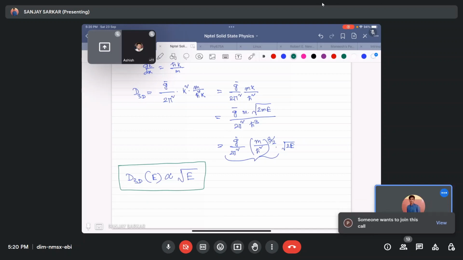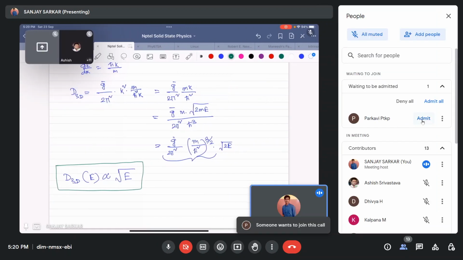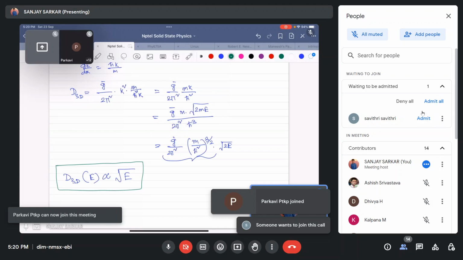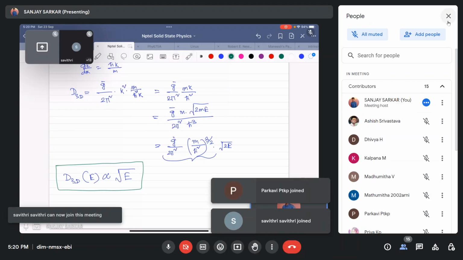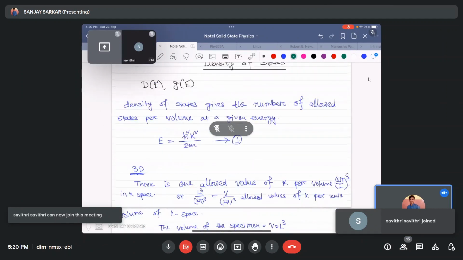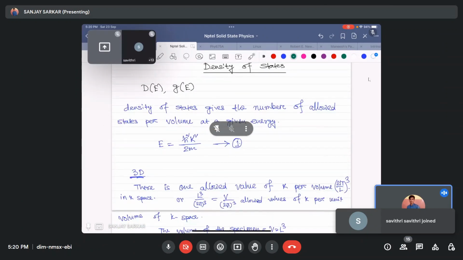Now in the same way you can calculate the density of states for a 2D system as well. If you have any doubt for the 3D system, you can ask, and if you are clear on this calculation, then you can definitely calculate it for 2D as well.